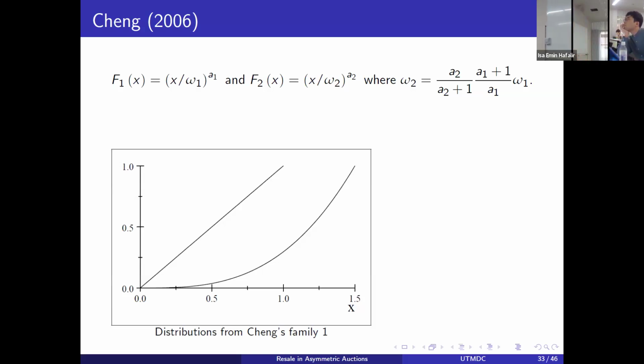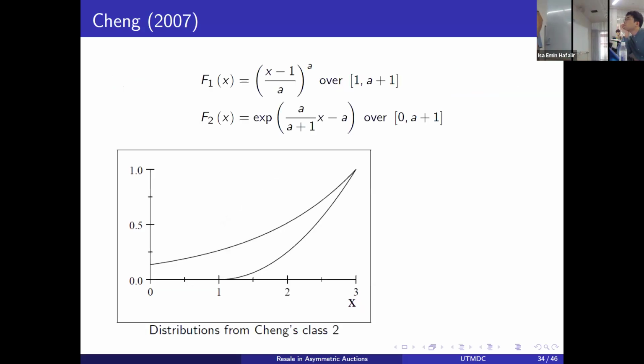And the third distribution, again by Chen, was a combination of an exponential and power distribution, but over different intervals. The strong bidder's value distribution is between 1 and A plus A1, and the weak bidder's value distribution is between 0 and A plus 1, but actually the weak bidder has a probability mass at 0.